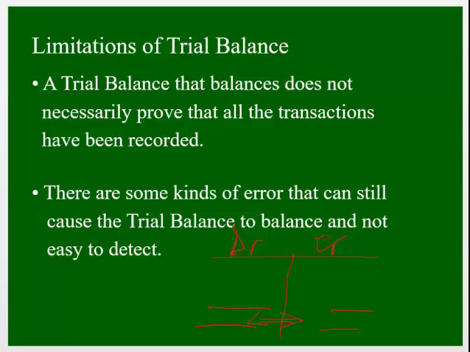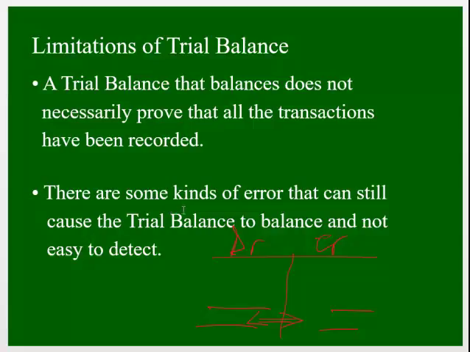Now, from this point, we move to those mistakes that when we have them, the trial balance will still be balanced. We call them errors that do not affect trial balance.